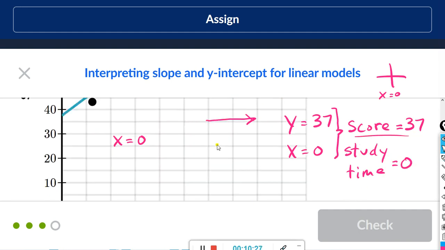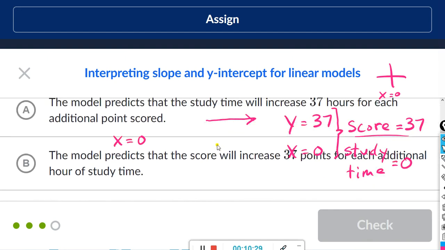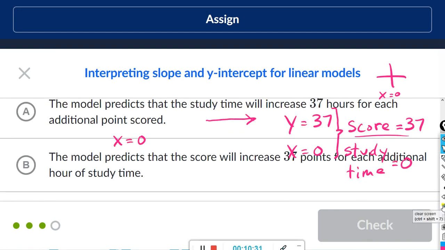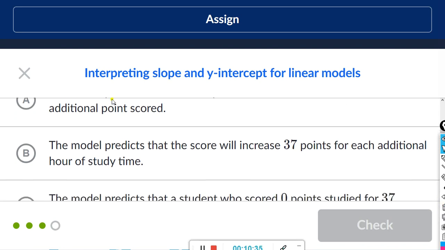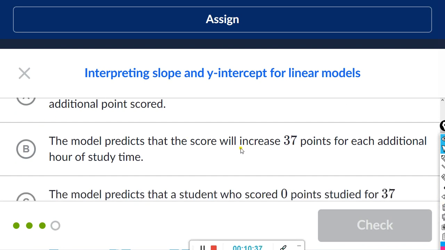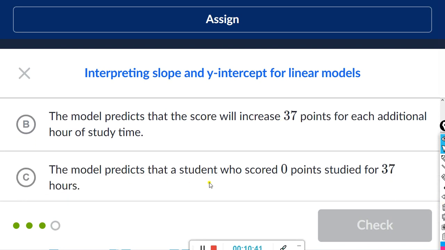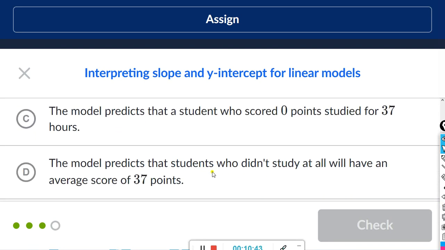Let's find that answer. Model predicts study time will increase 37 hours. No. Model predicts score will increase 37 points. No. Model predicts student who scored 0. No. Model predicts students who didn't study at all will have an average score of 37.